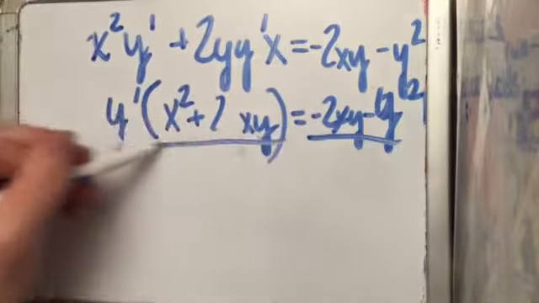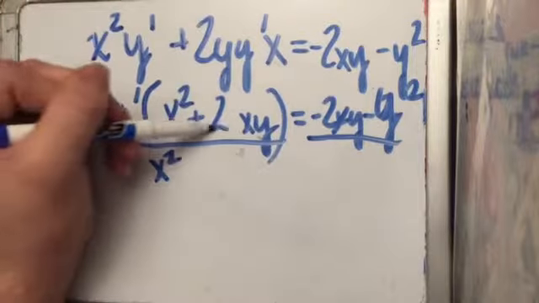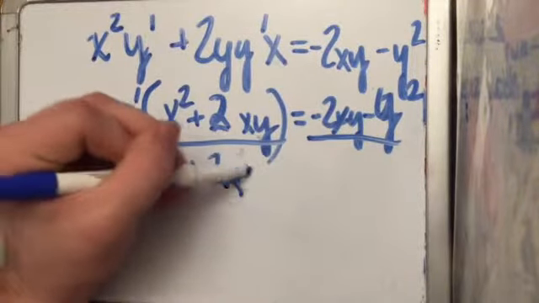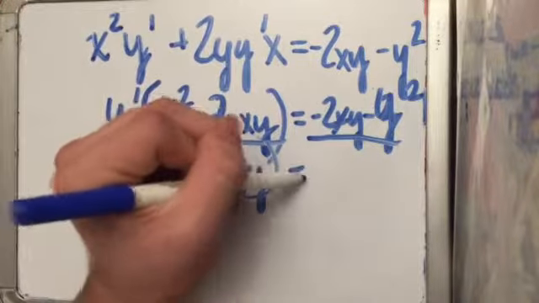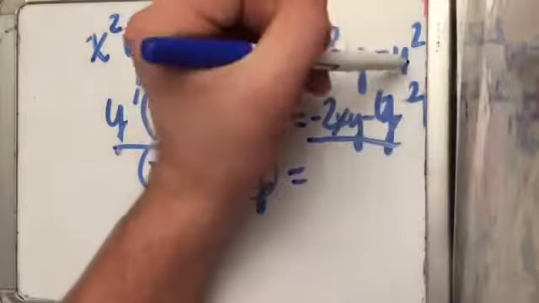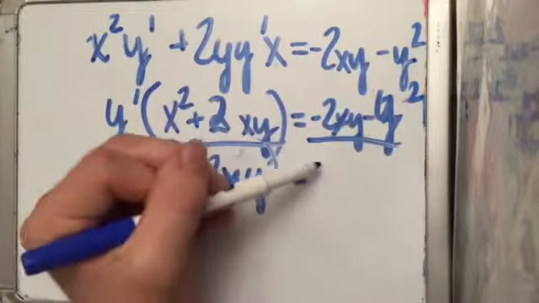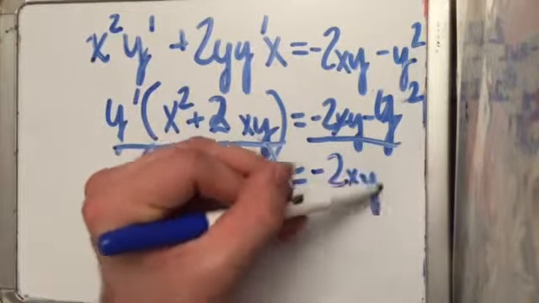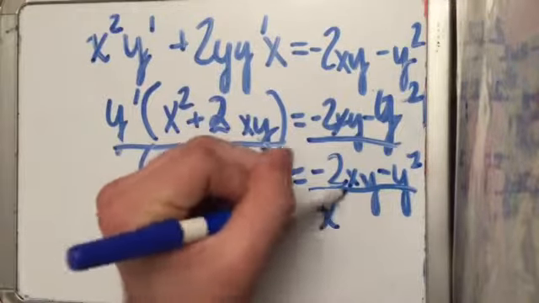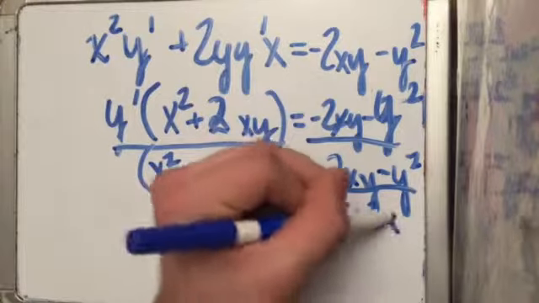So we're going to divide that out. Negative 2xy minus y squared over x squared plus 2xy.